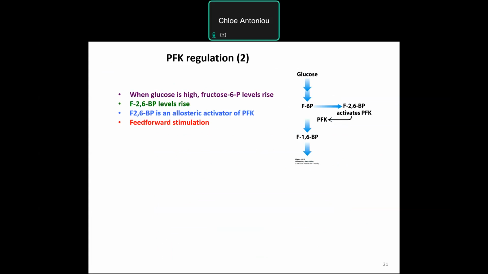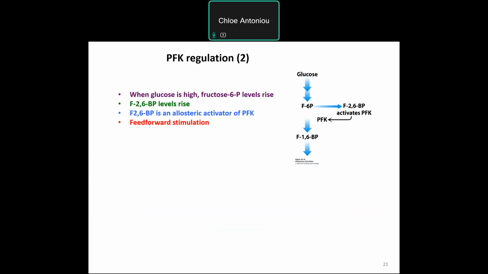This side product is fructose 2,6-bisphosphate. In other words, when F6P is high, PFK can add a phosphate to carbon 1, but also to carbon 2. So you can get the actual product that you need, which is fructose 1,6-bisphosphate, but you get this side product, which is fructose 2,6-bisphosphate.